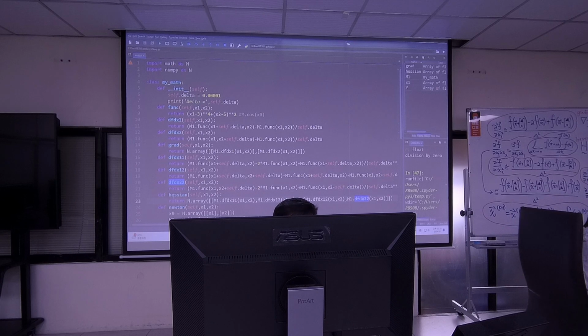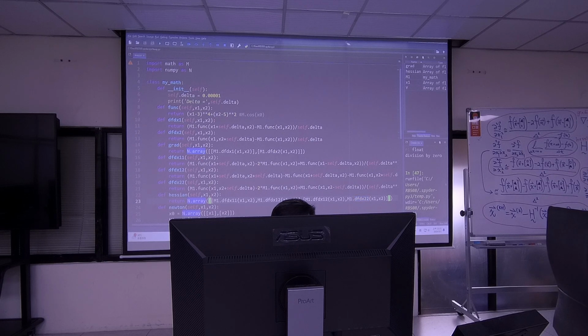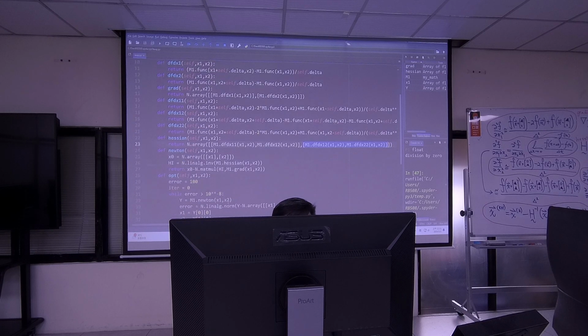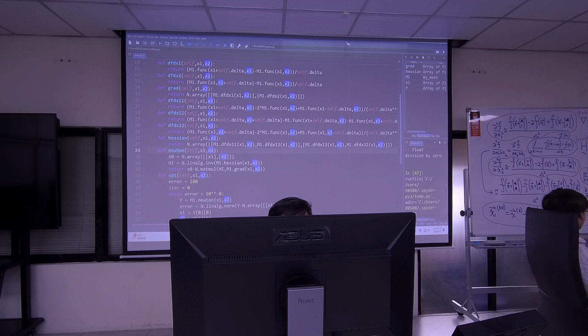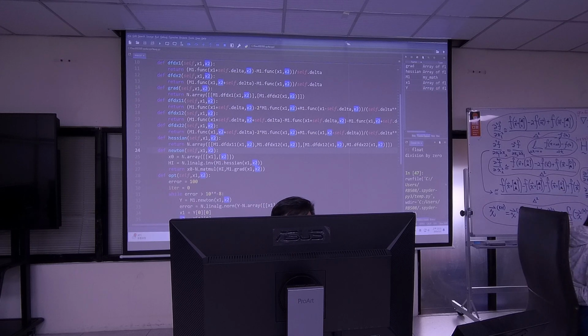At the end, when I use the Hessian, I formulate them into a NumPy array. So this is the first row, second row. Now, for Newton, when I provide x1 and x2, I need them to be formulated into a NumPy array.